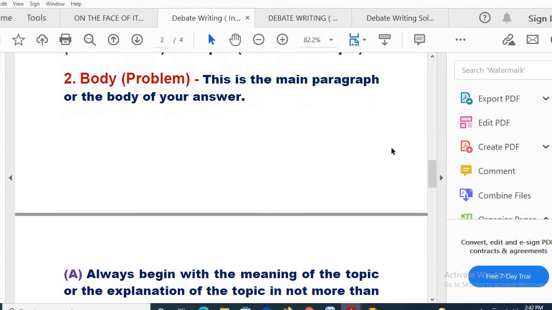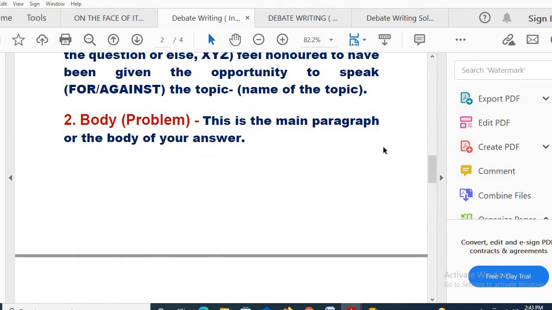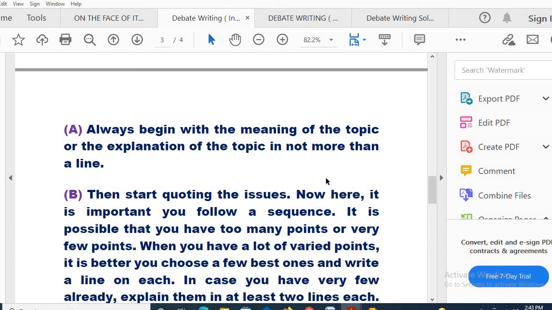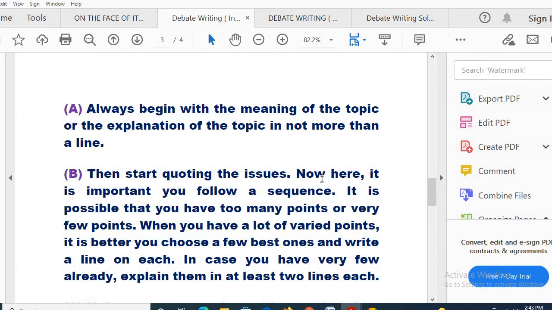Now the body is the main paragraph of your answer. How will you proceed? The first important thing is to always begin with the meaning or the explanation of the topic in not more than a line. Whatever you write, you have to write specifically and to the point.